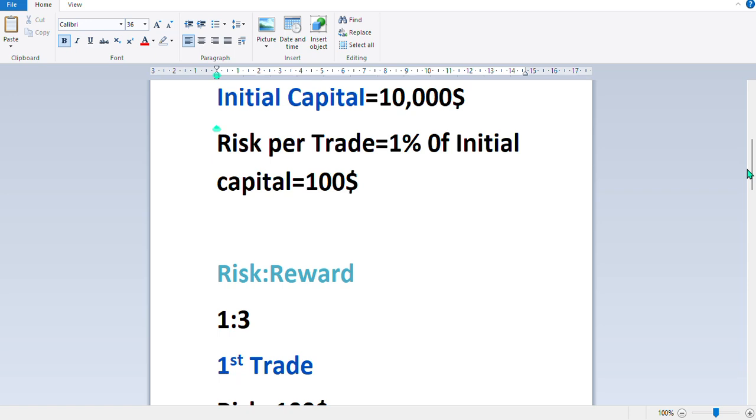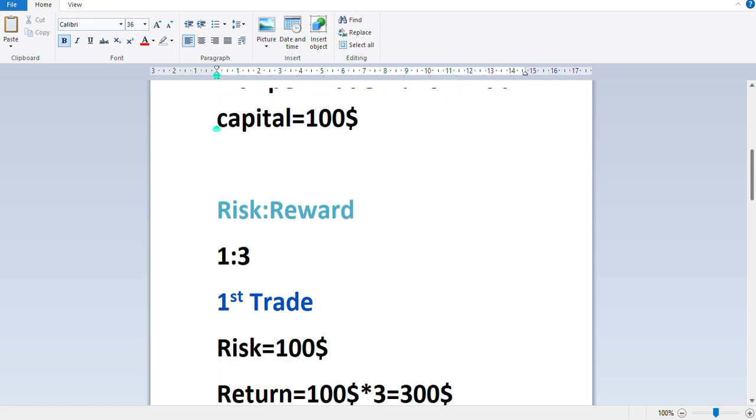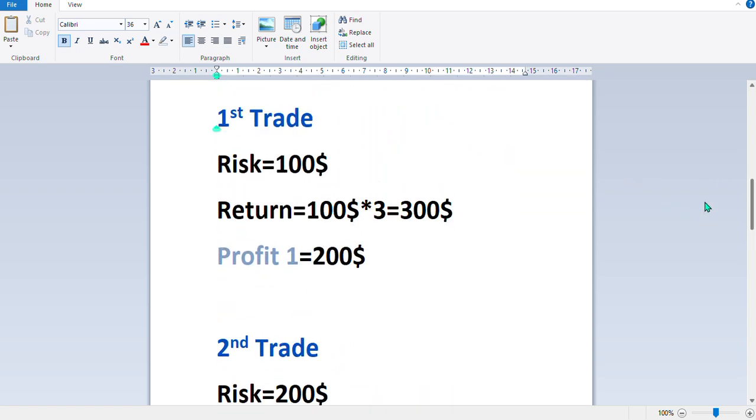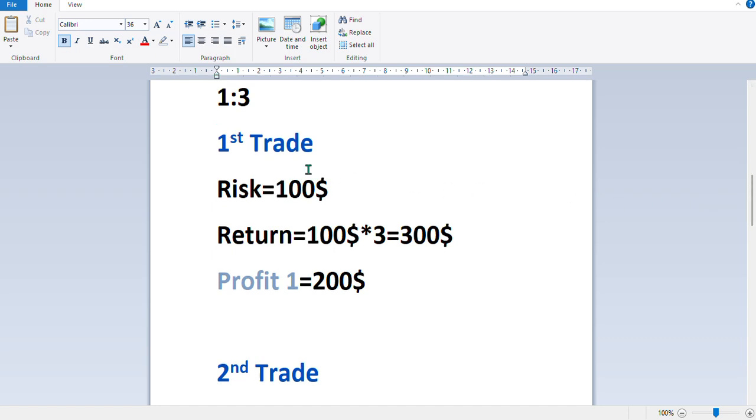Using the example of $100, if you risk $100 in the first trade, your return will be $300 if that trade turns out to be a winner.